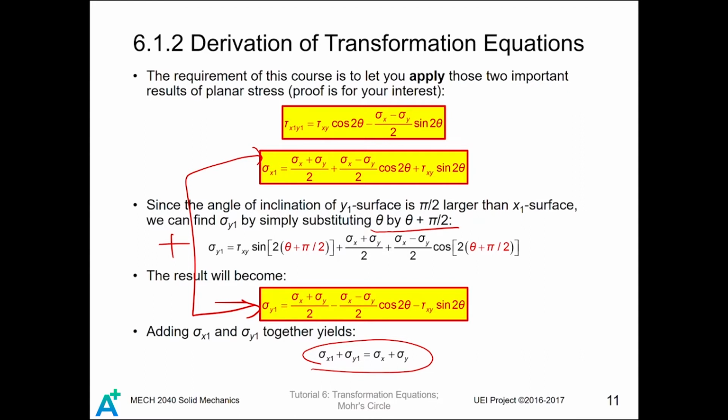Notice that the course requires you to apply those two very important formulas instead of expecting you to be equipped with all the theoretical background about them, because those two equations are very complicated in my opinion.